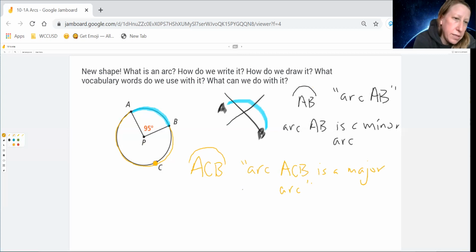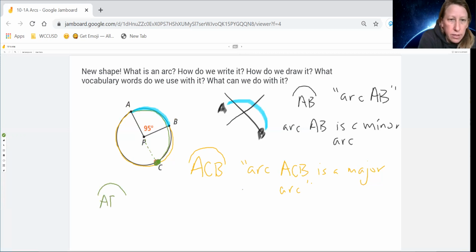If point C was on the diameter, then I would have also this shape and this shape here. I think we use 3 letters.